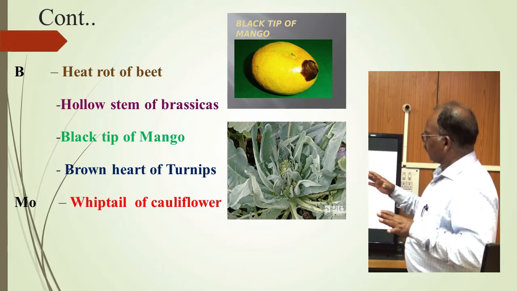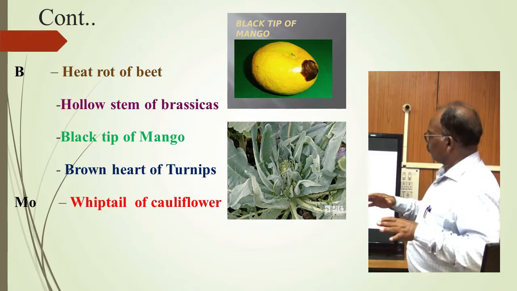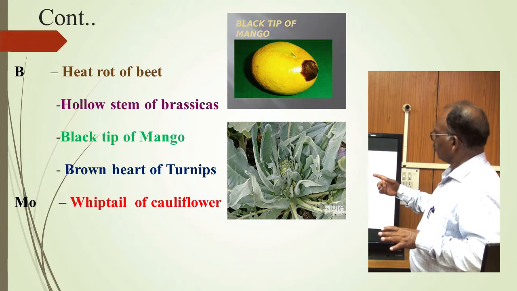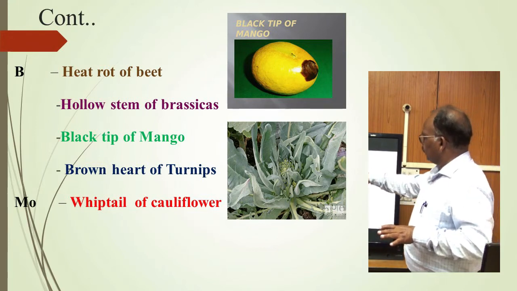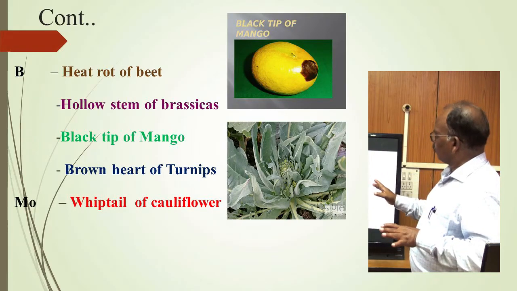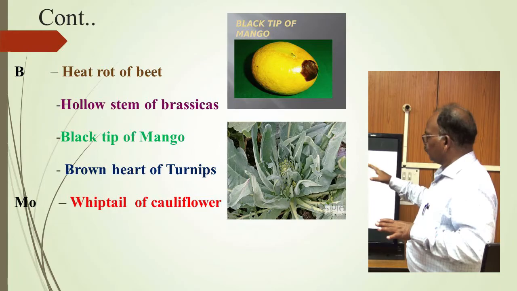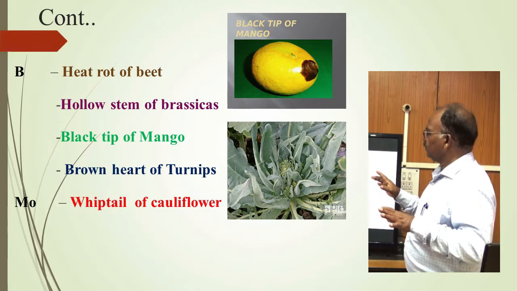The characteristic symptom of black tip of mango is the necrosis of the tissues at the distal end of the fruit. This disease generally does not occur in any other country.